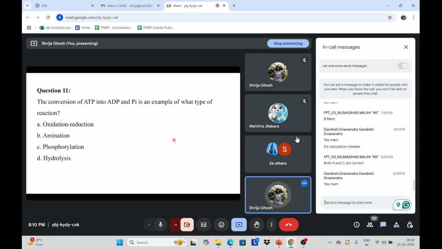What type of reaction is happening during the conversion of ATP into ADP and Pi? ATP is getting converted into ADP and inorganic phosphate is released. So what type of reaction is happening here?